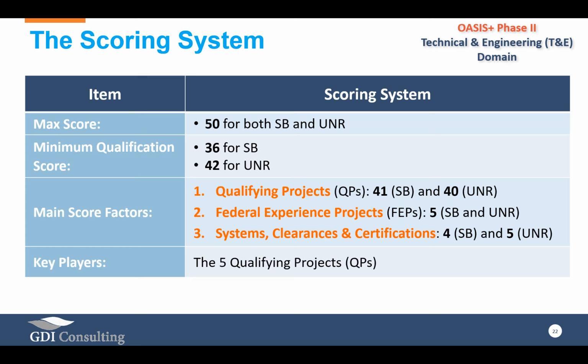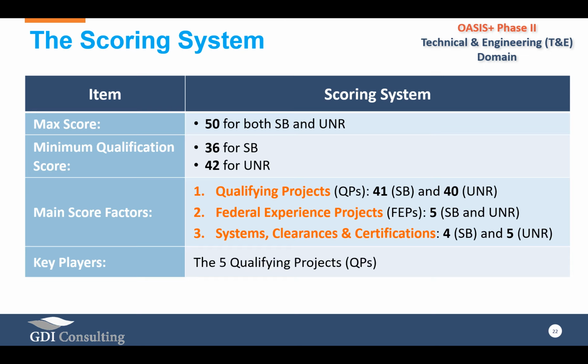And then you have large businesses, which is the unrestricted track. So 50 points is the maximum. Now, you have to get above 36 points for small business and above 42 for unrestricted to be awarded. So let's discuss what parts or what score factors create those points for you. There are 3 of them, 3 main score factors.